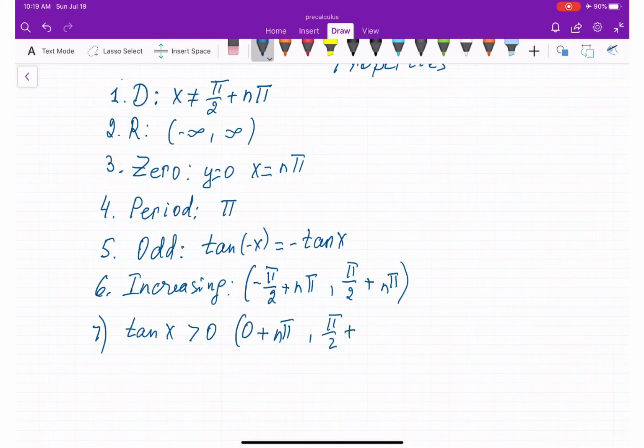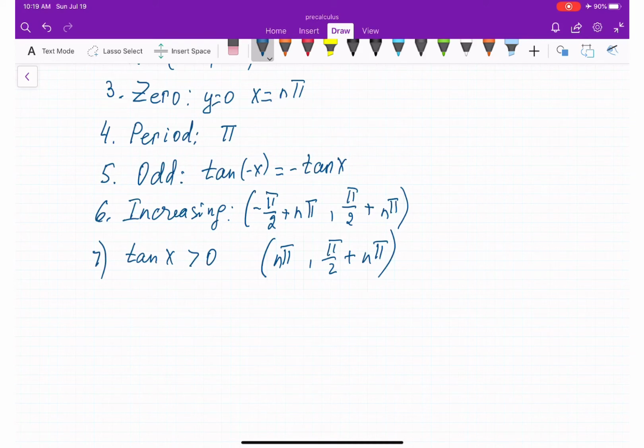And plus also pi, or n times pi. So 0 here I can clean, correct? Okay. And it will be n pi and half a pi plus n pi. Or if you want, you can leave the 0 there, if it's easier to read for you.